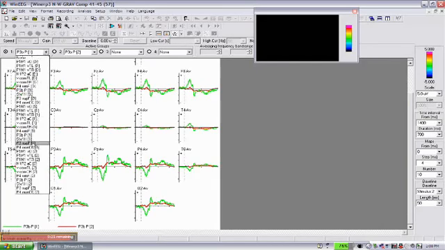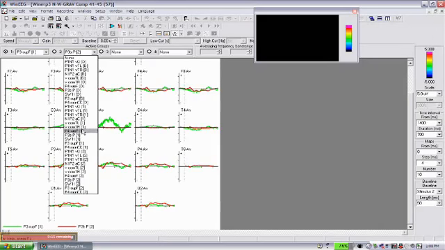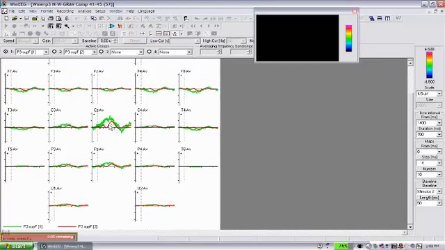Then we compare the suppression component. That component, generated in the supplementary motor cortex in this patient, looks quite normal.